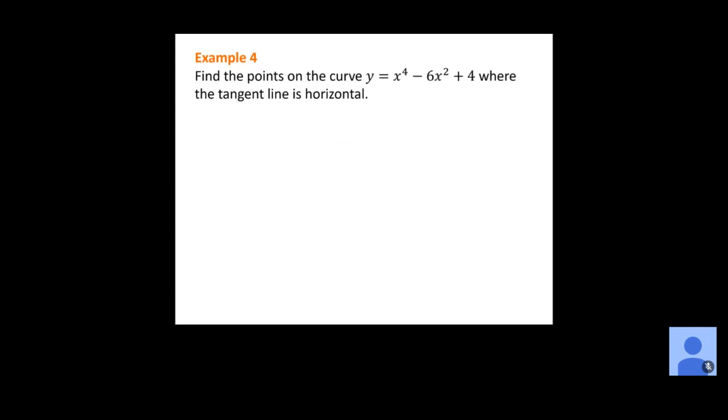All right. Now we want to find the points on the curve y equals x to the fourth minus 6x squared plus 4, where the tangent line is horizontal.